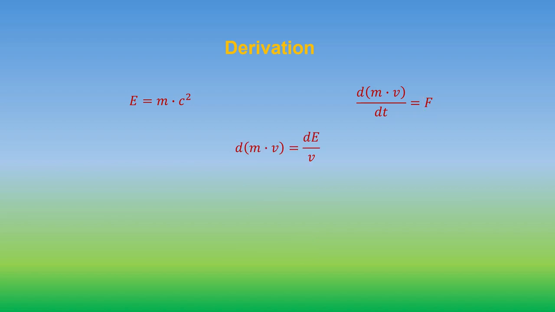Now we need to use a trick from calculus known as the chain rule. d(mv) equals m times dv plus v times dm. We use this to expand the differential of m times v. m times dv plus v times dm equals dE over v.